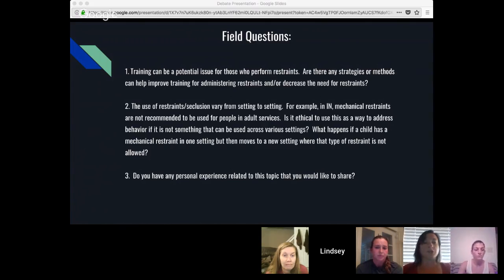Liz had mentioned earlier that there are procedures such as PCM and QBS, which are based off of least restrictive to most restrictive procedures.